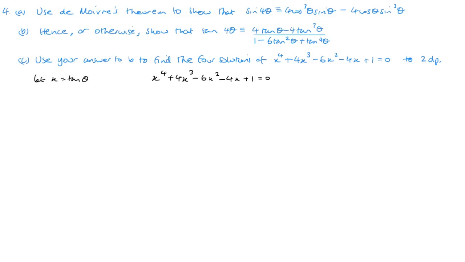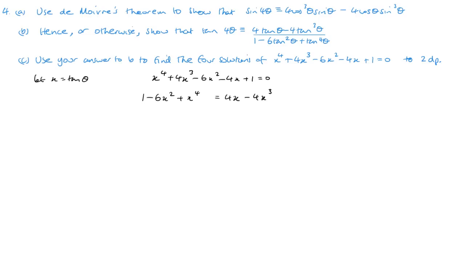Let's take the 4 ones over to the other side. So that's 4x minus 4x cubed. And that leaves me with x to the 4 minus 6x squared plus 1. Which, if I write it round this way, is 1 minus 6x squared plus x to the power 4.